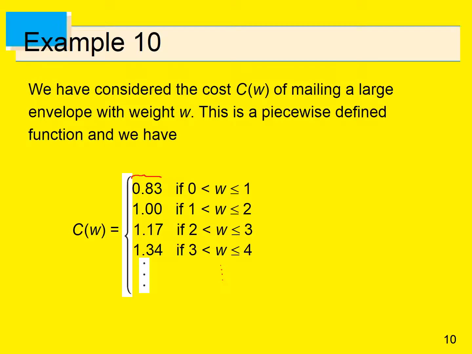And so we're just going to have to graph each piece and put them all together. Now these are constants, and so what do we know about the graphs of constant functions? Well, they're horizontal lines, and so we're going to take pieces of horizontal lines and make a graph.